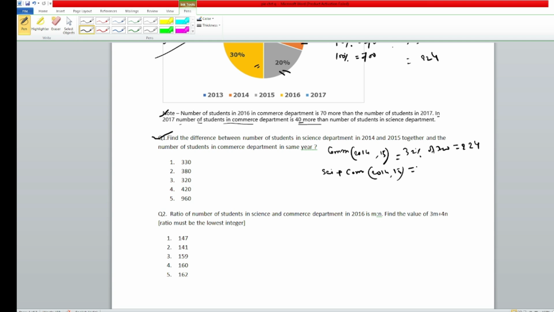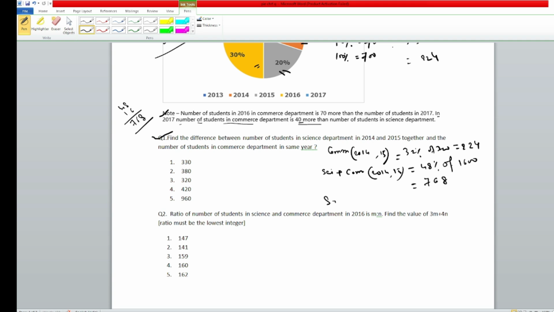So 48% of 1600 gives 48 times 16. 16 8s are 128, carry 12, 16 4s are 64 plus 12, that is 76. So 768 students are in science and commerce.